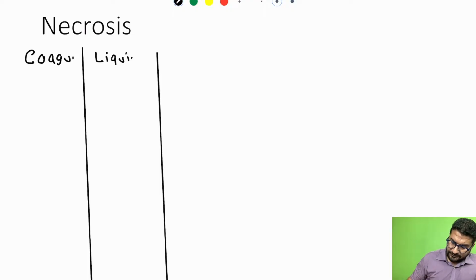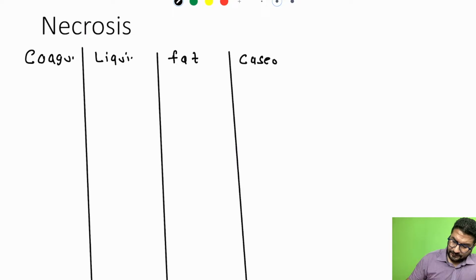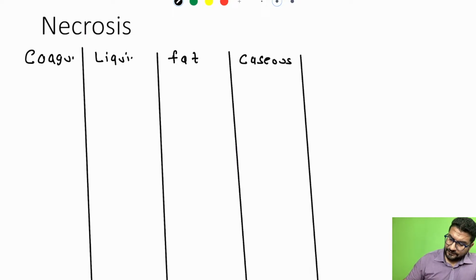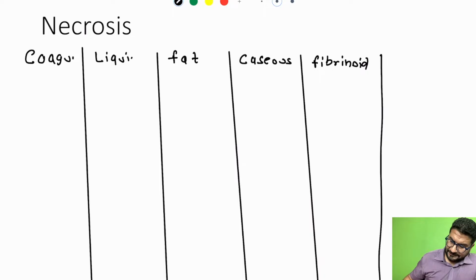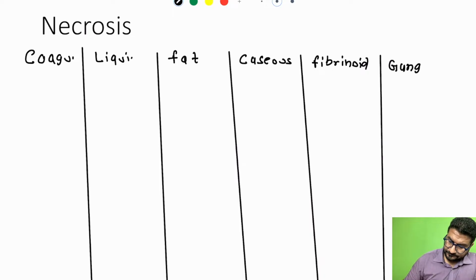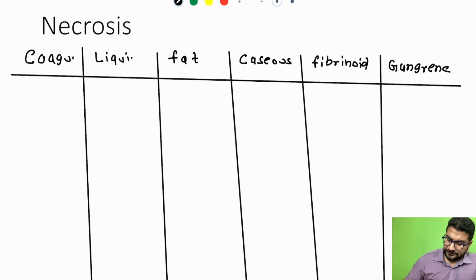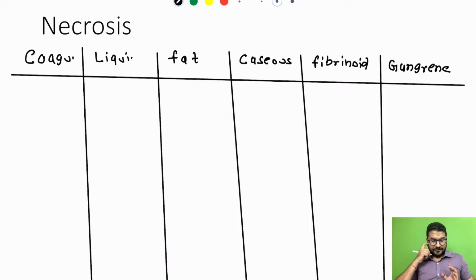Third necrosis I told you about, fat necrosis. Fourth one will be caseous necrosis. Fifth will be fibrinoid necrosis. And sixth will be gangrene, or gangrenous necrosis. So these are the total 6 types of necrosis.